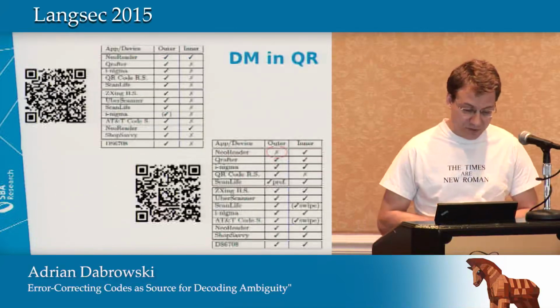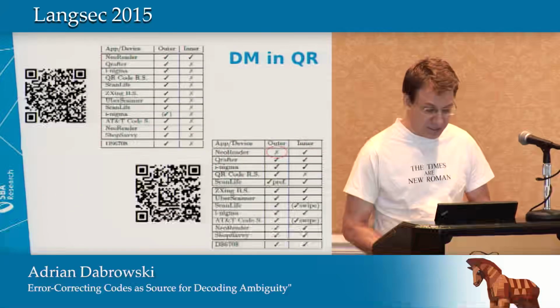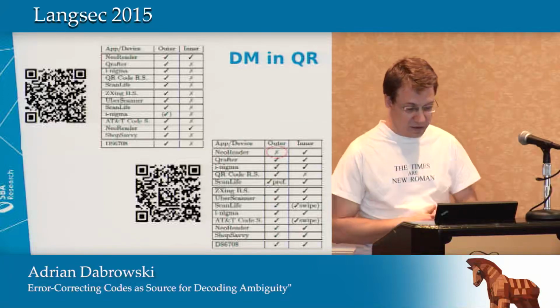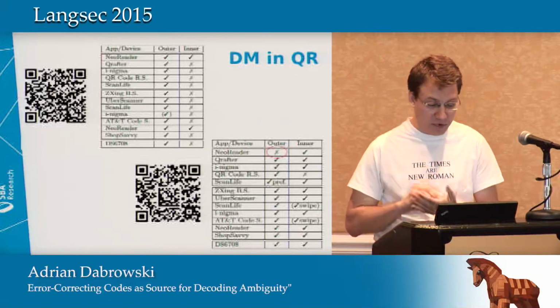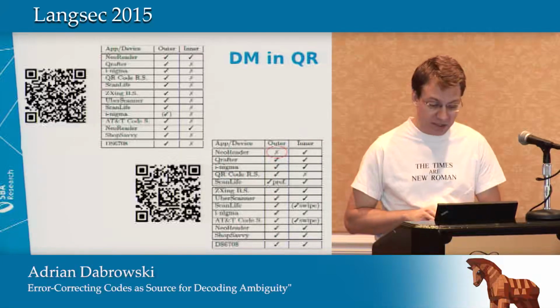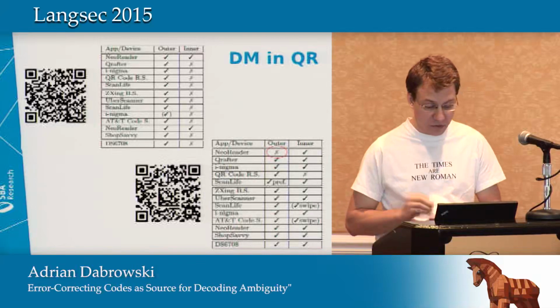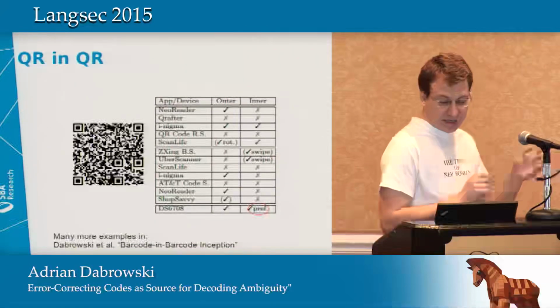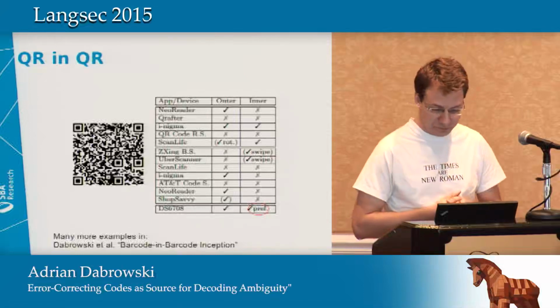We did this with Data Matrix as well. You can see that, for example, NeoReader only prefers the inner barcode, in this case the Data Matrix barcode. Other ones are either decoding the inner or the outer one.